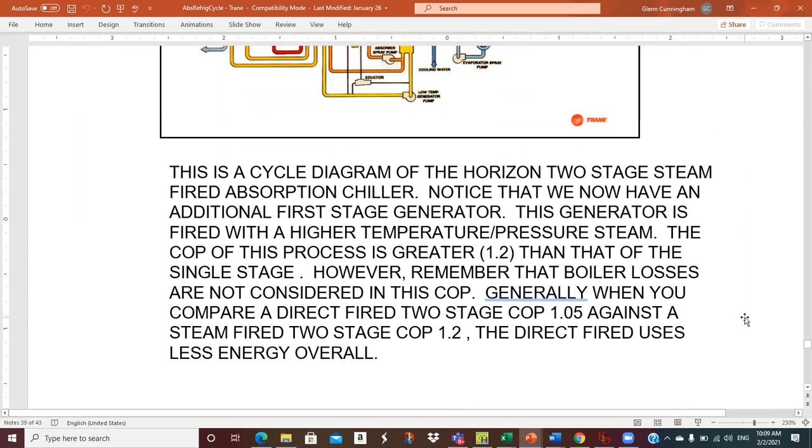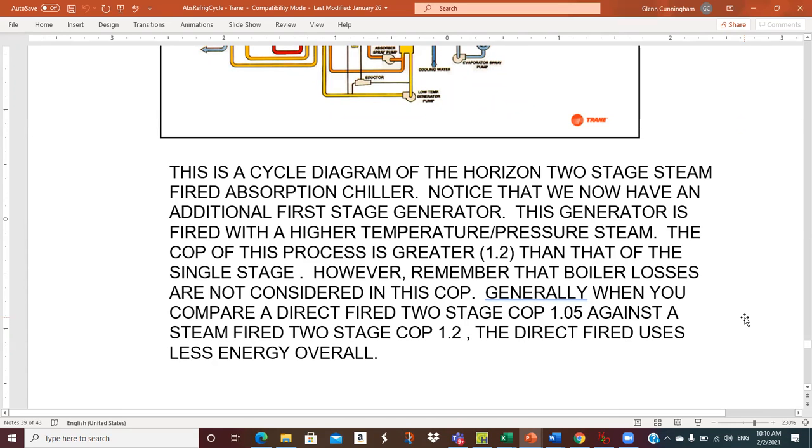However, remember that, okay, this is kind of interesting. So they're assuming here that you're running a boiler separate from this in order to get your steam. You got to get it from someplace. So I say, however, remember that boiler losses are not considered in this COP. Generally, when you compare the direct fired 2-stage COP 1.05 against the steam fired COP, the direct fire uses overall less energy.